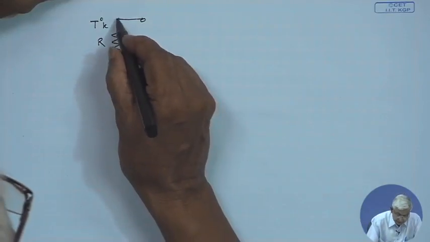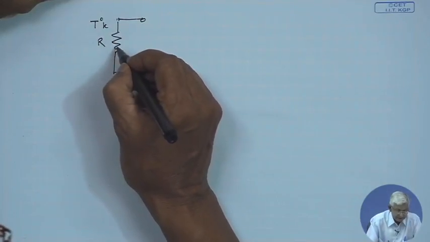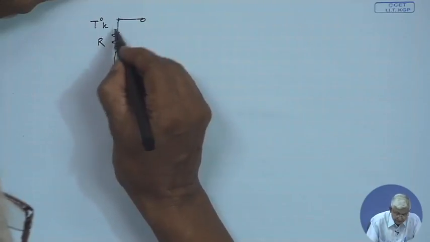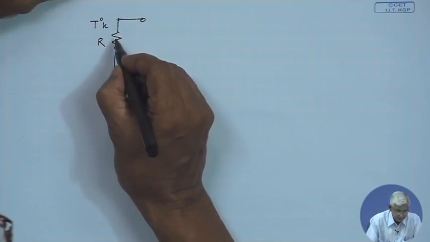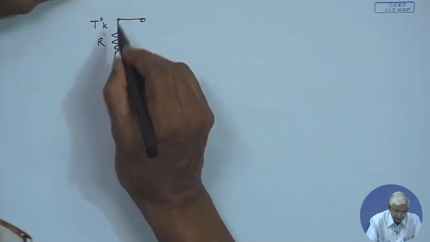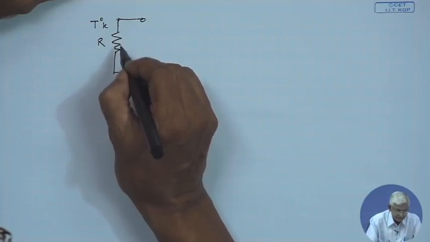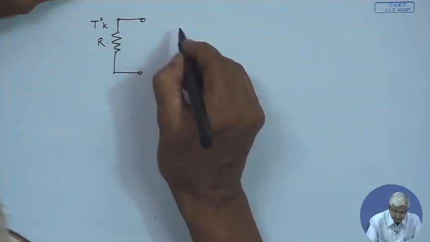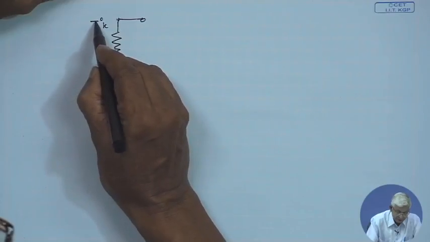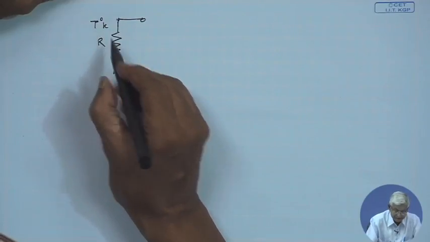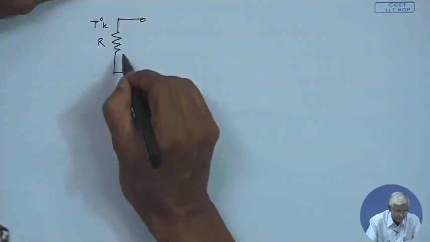Now, the electrons inside this resistance, because of the temperature which is non-zero, will have certain random movements and certain kinetic energy. That kinetic energy will be proportional to the temperature T. As we increase the T, the random movements are much more.